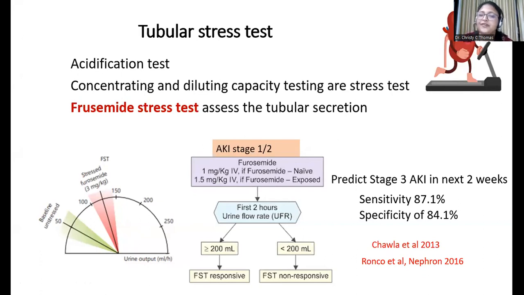If the patient fails to mount the cutoff urine output, the patient is said to be furosemide stress test non-responsive. Non-responsiveness to FST predicts stage 3 AKI in the next 2 weeks with a sensitivity of 87% and a specificity of around 85%.